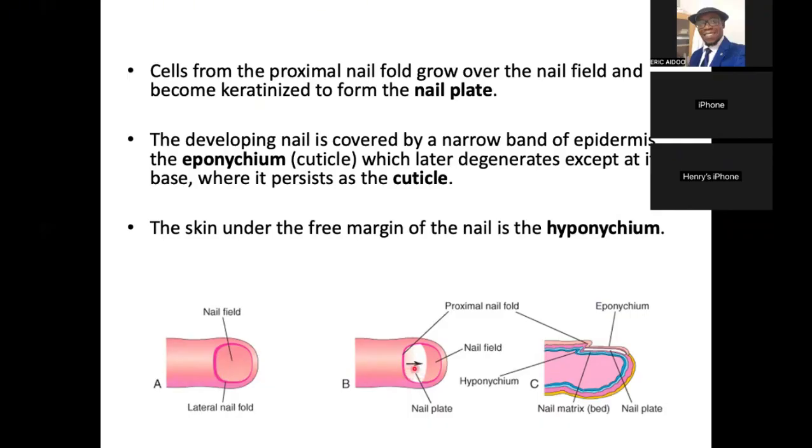So the nail plate, the arrow is showing the development, is going to grow on top of the nail field. The plate is developing on top of the nail field. And you have the eponychium above and then the hyponychium below here. So cells from the proximal nail fold grow over the nail field. So this is the proximal nail fold, and then the nail plate is developing.